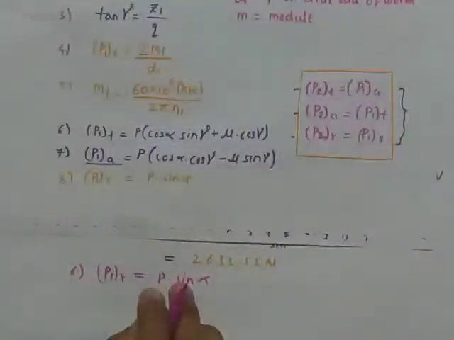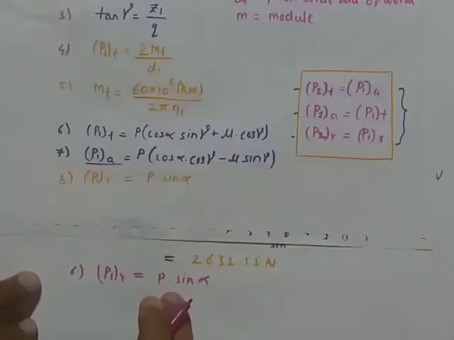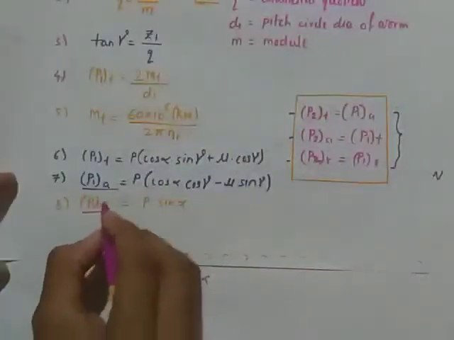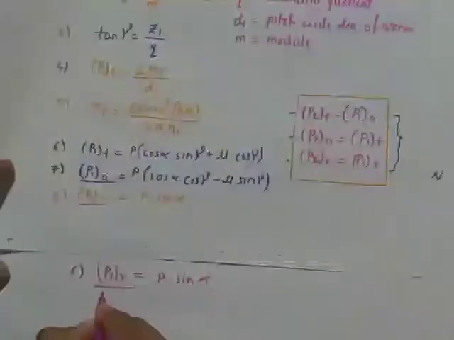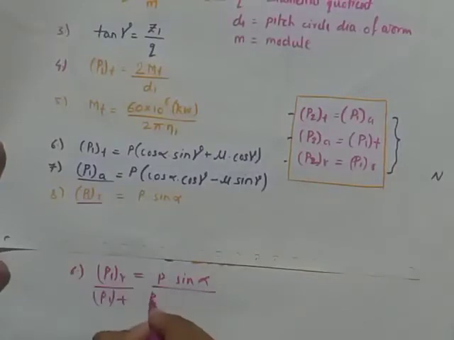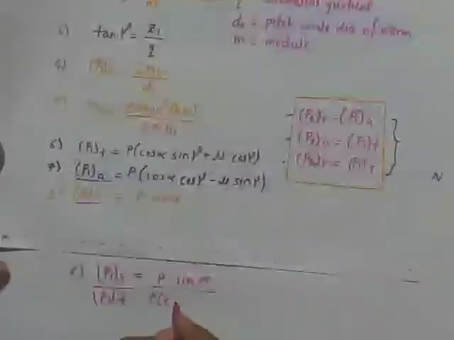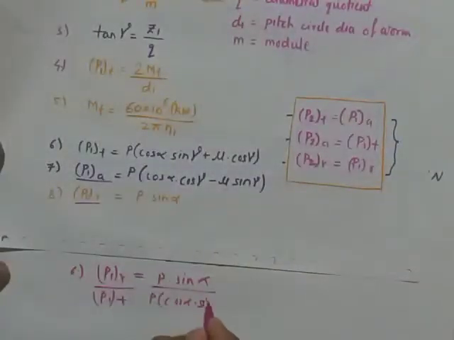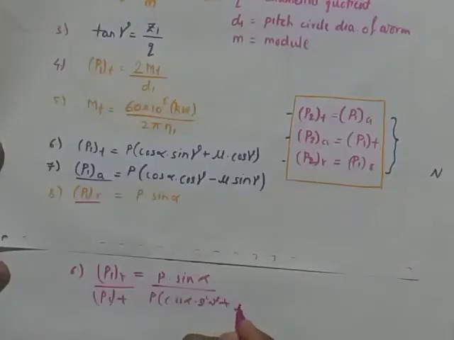From this equation we have to equate it with the tangential value again, so we divide by P1T. So P1R divided by P1T is P into this equation, that is cos of gamma, sine of gamma plus mu cos of gamma.